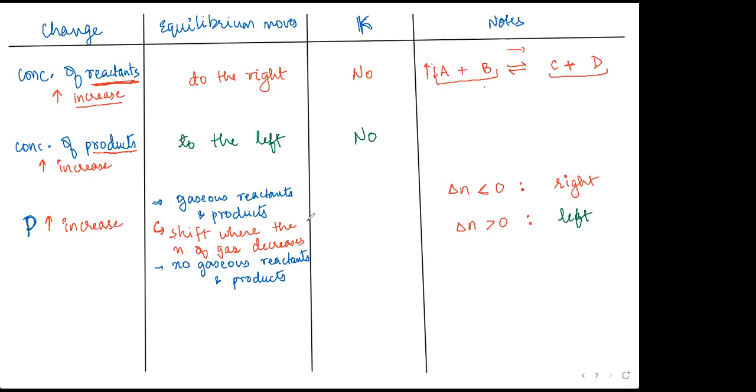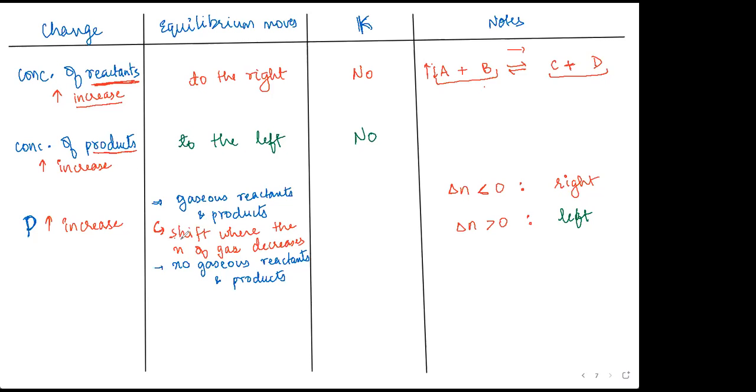Okay. So basically, look at it this way: if there is an increase in pressure, you don't want to keep creating more gas because you want to reduce the pressure, right? Equilibrium is all about keeping that value constant. So you're going to shift the reaction to the side where you're producing less and less gas.